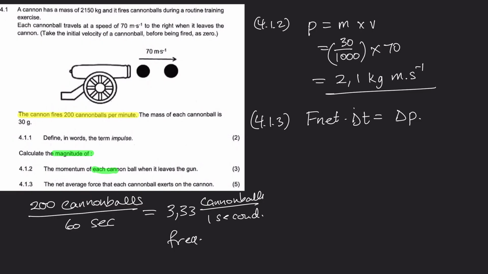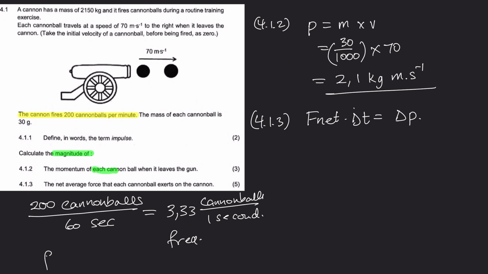We need to understand what the difference is. Right now we have 3,33 cannonballs being shot every second. But we want to know how many seconds per cannonball. So to do that, we invert it.